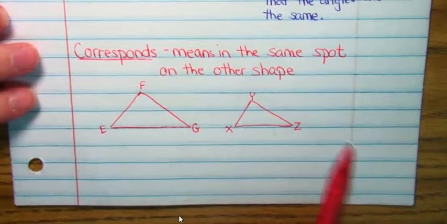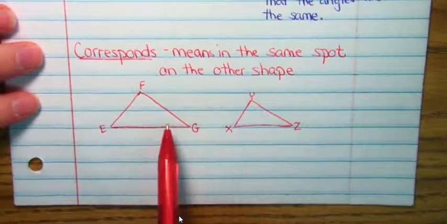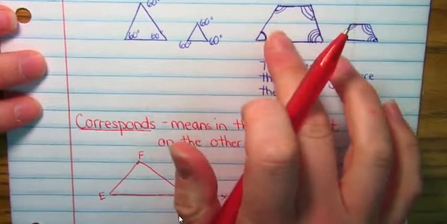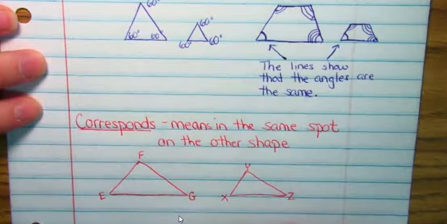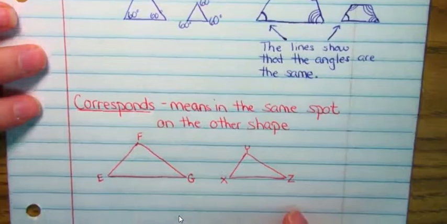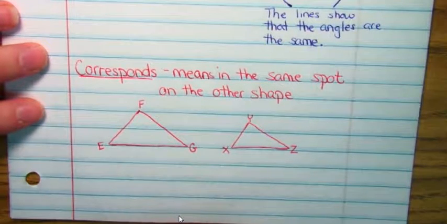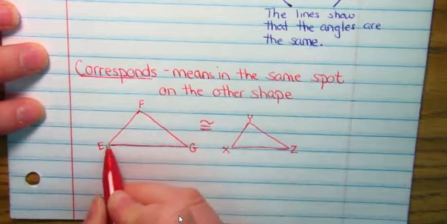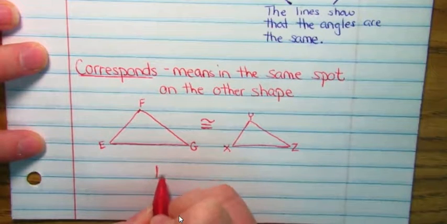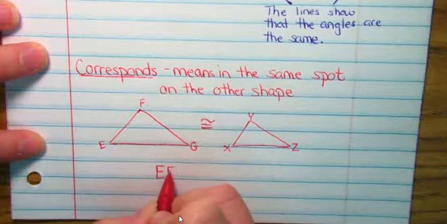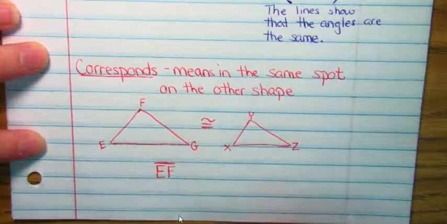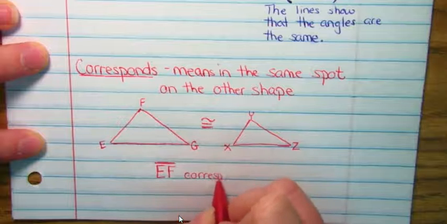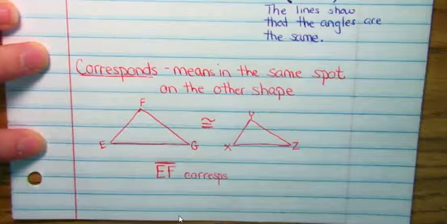So corresponds, we said, means the same spot on the other shape. This time I didn't do my little angle lines like we did up top. I just have labeled with EFG and XYZ. But I know that because these 2 shapes are similar, the line segment E and F, to write line segments, we write those letters and we write a line right over top of them, E to F corresponds to, oh, I did not spell that right.